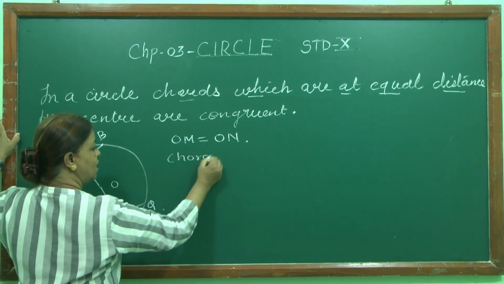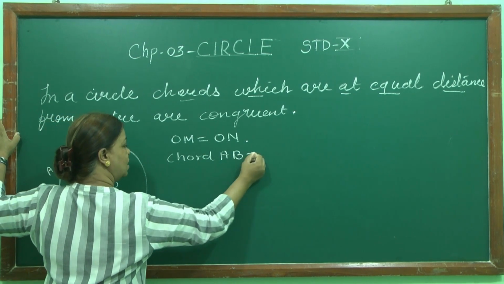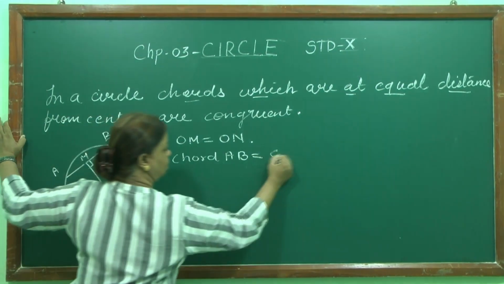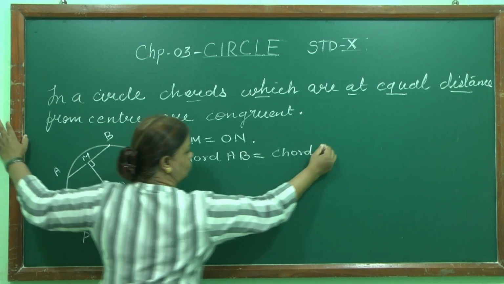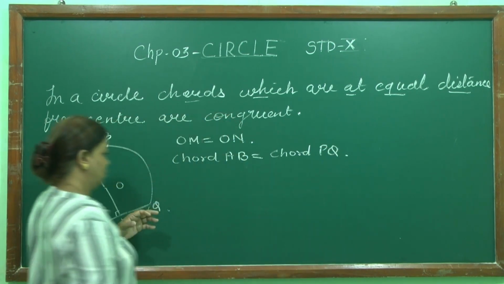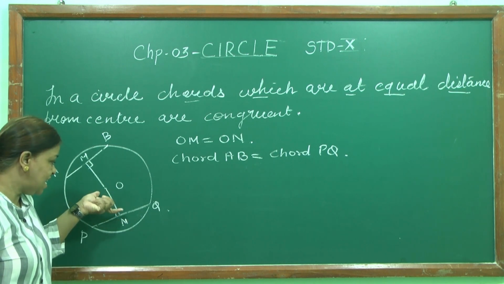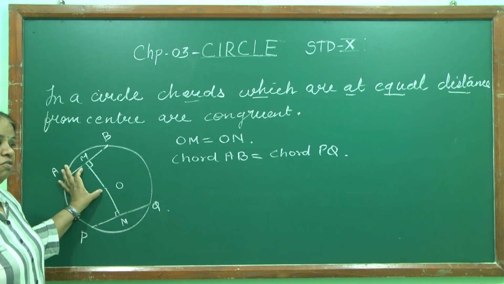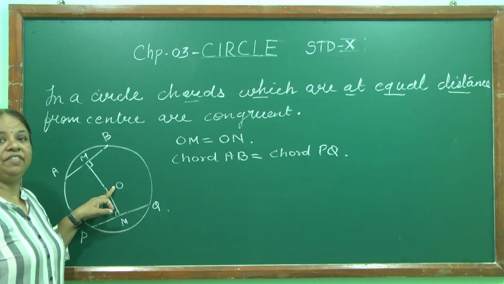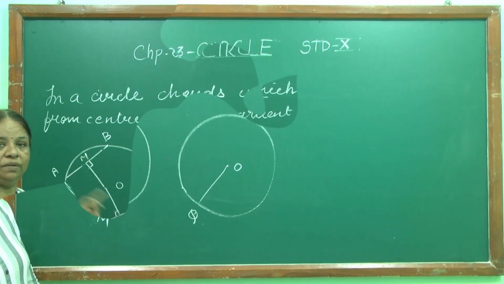Chord AB is equal to chord PQ, since AB and PQ are at equal distance from the center and therefore they are equal.